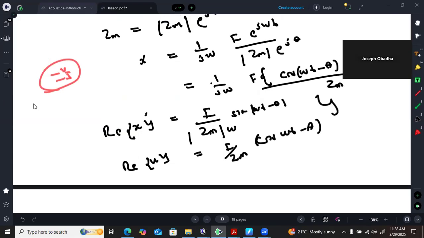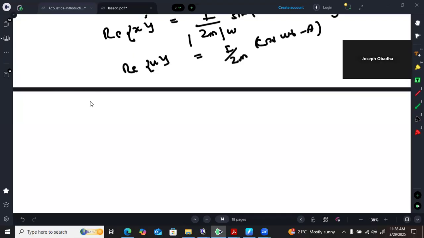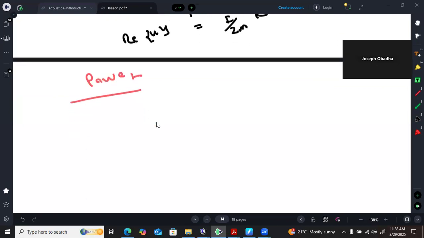So in a circuit like this, if you are to get the power, let's denote the power by p_i, where i refers to instantaneous.